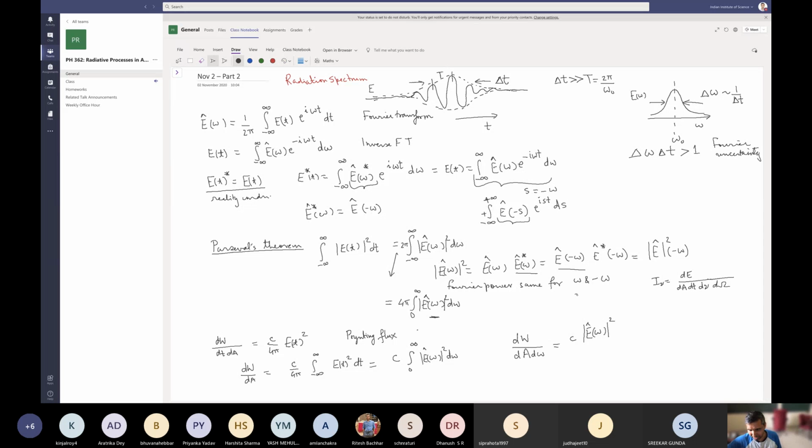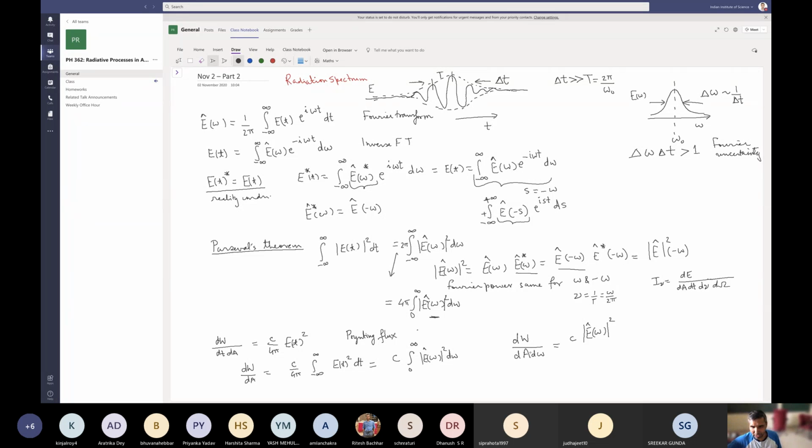Nu and omega are related. So nu is equal to 1 by T, which is equal to omega by 2 pi, right? So nu equals omega by 2 pi. Okay, so this is energy per unit area per unit frequency.